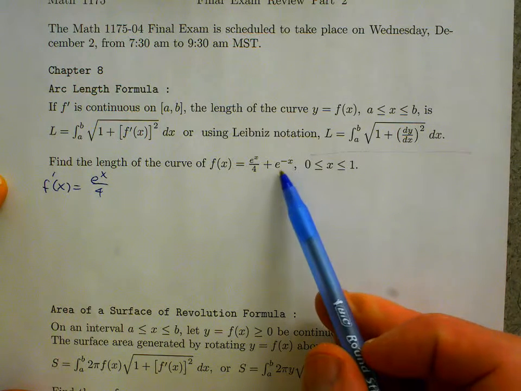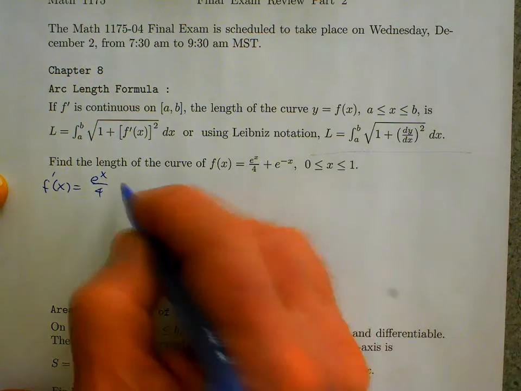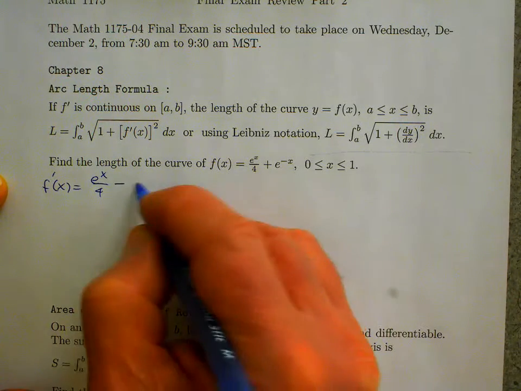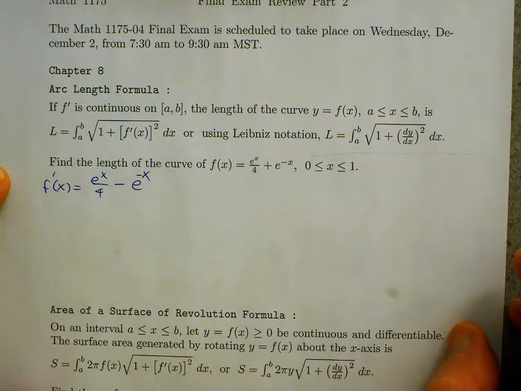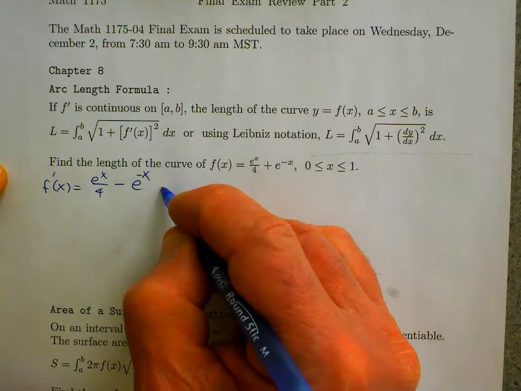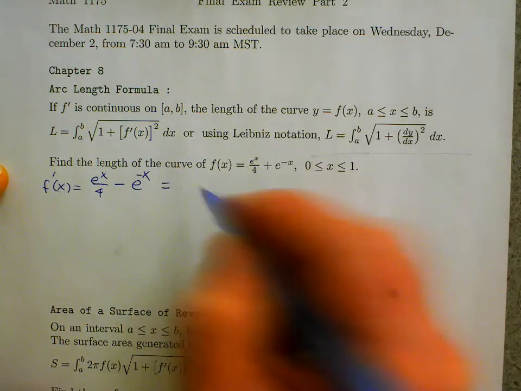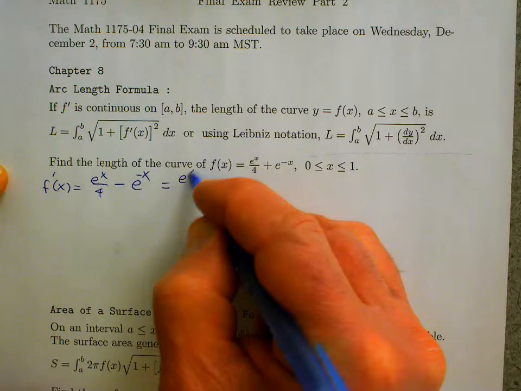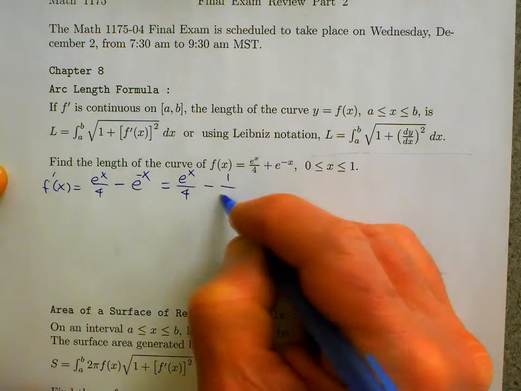And then the derivative of e to the negative x is negative e to the negative x, so we write minus e to the negative x. So I think what I prefer doing is rewriting this as e to the x over 4 minus 1 over e to the x.